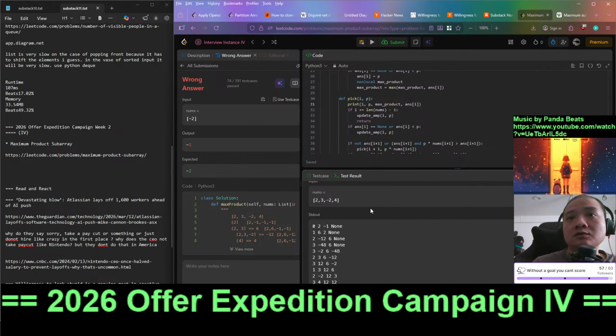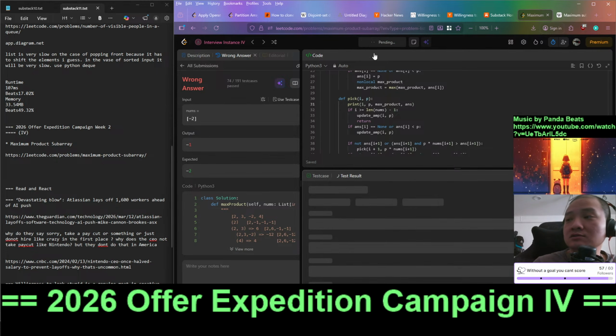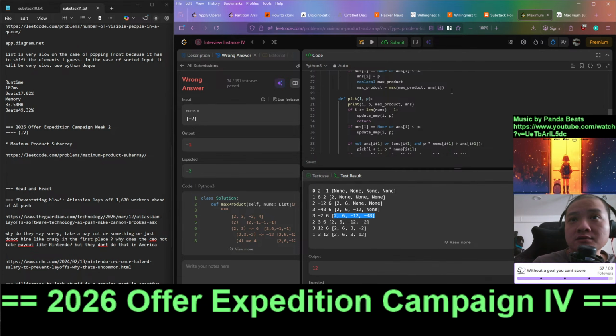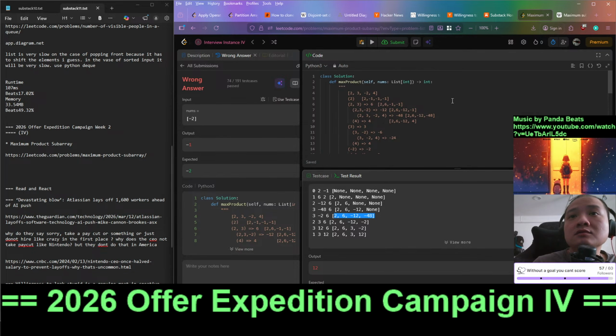Right, so just print the entire answer. Okay, 2, 6, yeah, 12, 48, good. Then we can do 4, right?